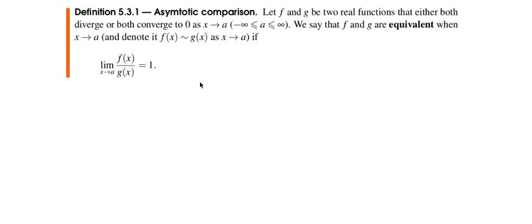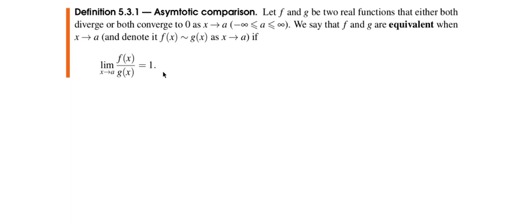And similarly, we have our asymptotic comparisons for functions, right? Just as we had when n goes to infinity, two functions behaved similarly, we can have the same thing when x goes to a, and a doesn't have to be infinity, it could be any number. And so two functions will behave similarly.